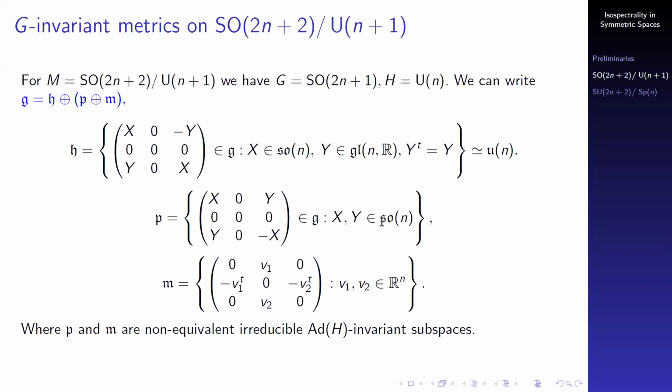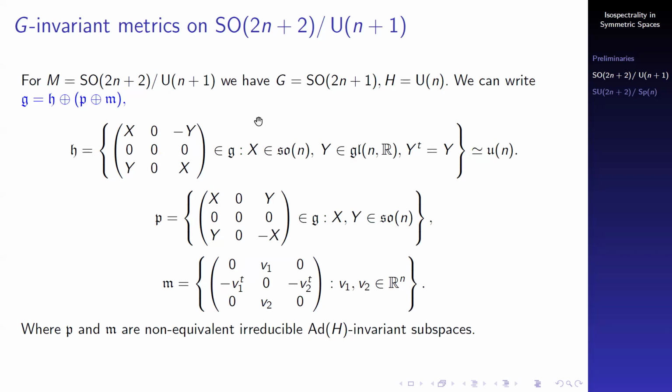So the first case is the space of complex structures on R^(2m+2), and we can present it as this quotient. Of course, we have G, the subgroup acting transitively, and we have the isotropy. The usual way, as we said, is to take a complement of h.